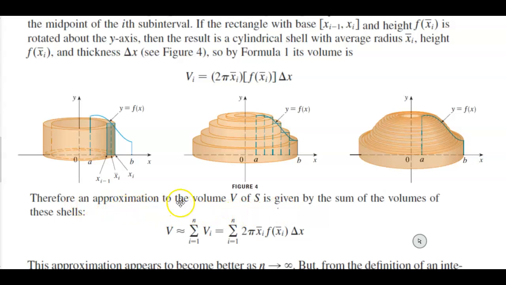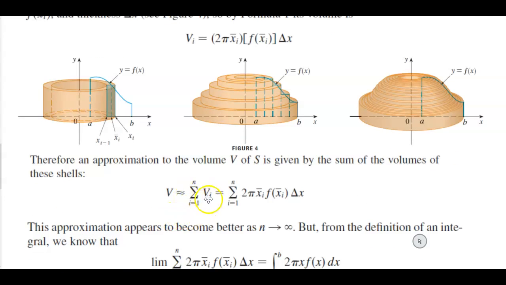The approximation to the volume V of the solid S is given by the sum of the volumes of these shells. Using summation again, there is your circumference that includes the average of those x, in this case the radius, then you have its height, then you have delta x.